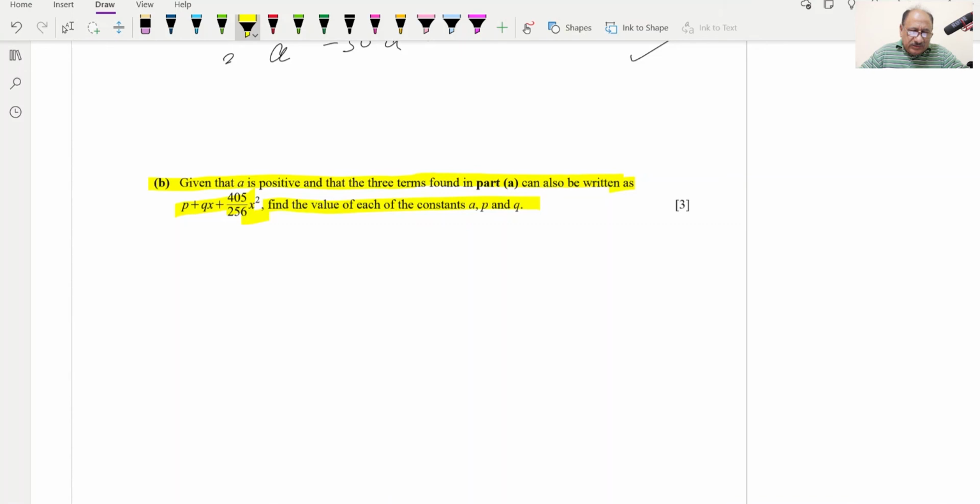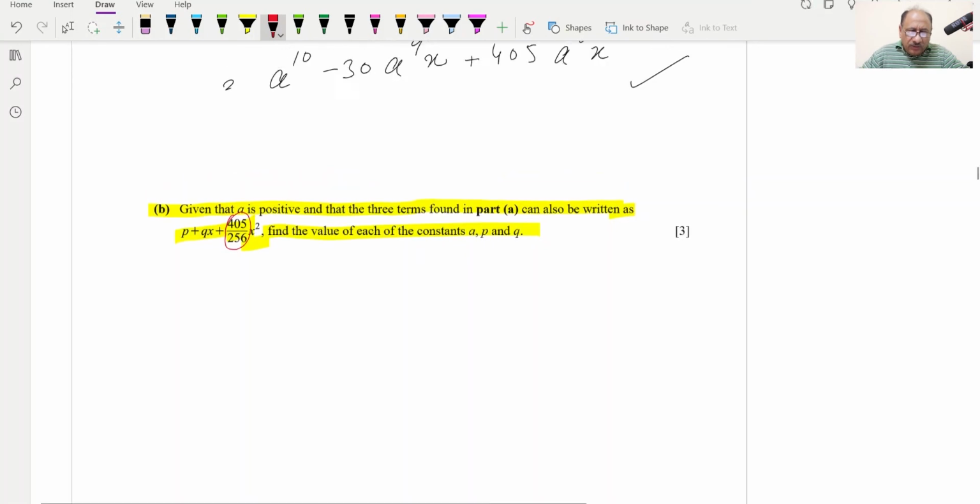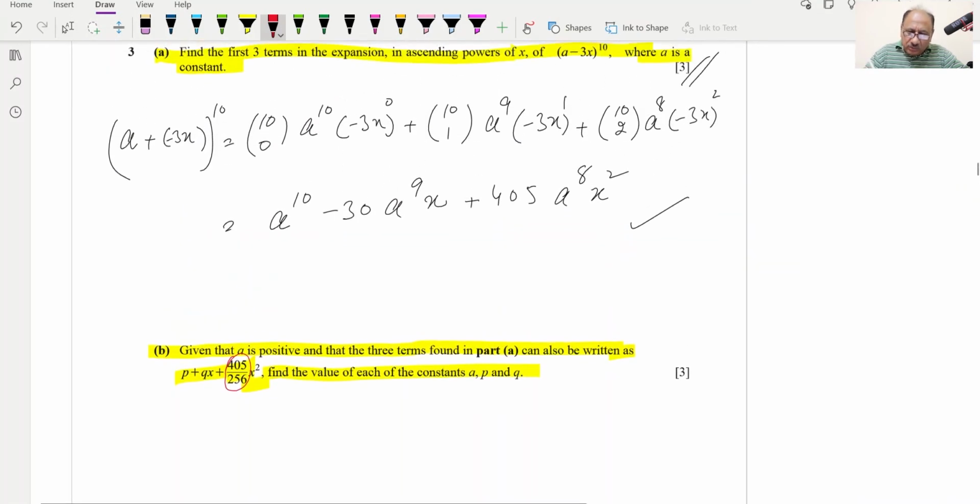Now we can see the coefficient of x squared is this one. We can compare the coefficient of x squared, which is the one we found in the last part.